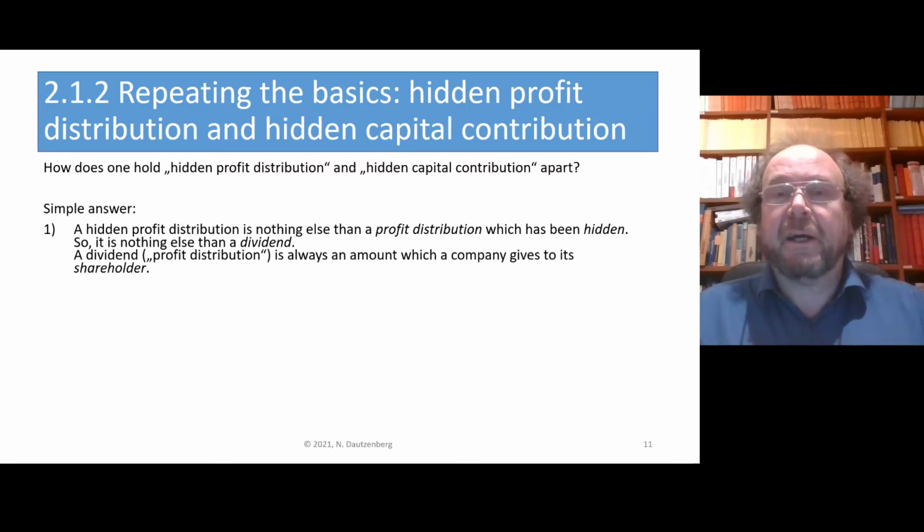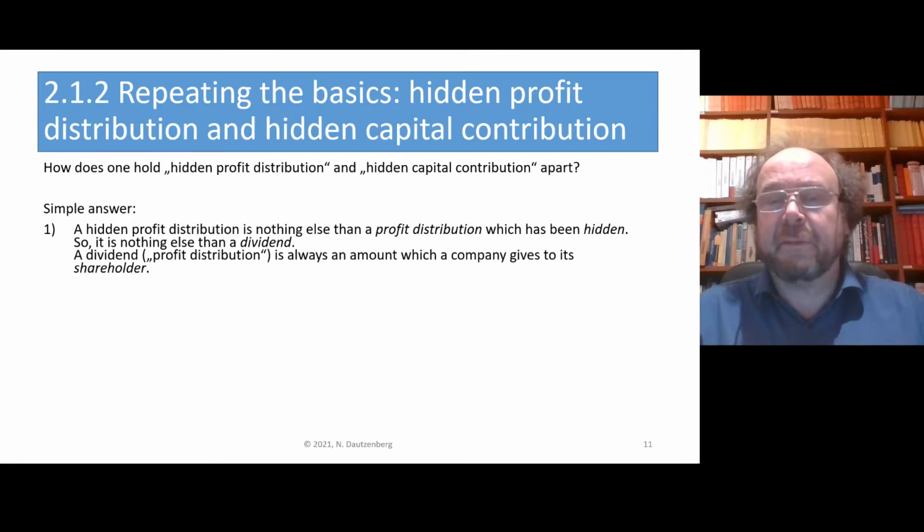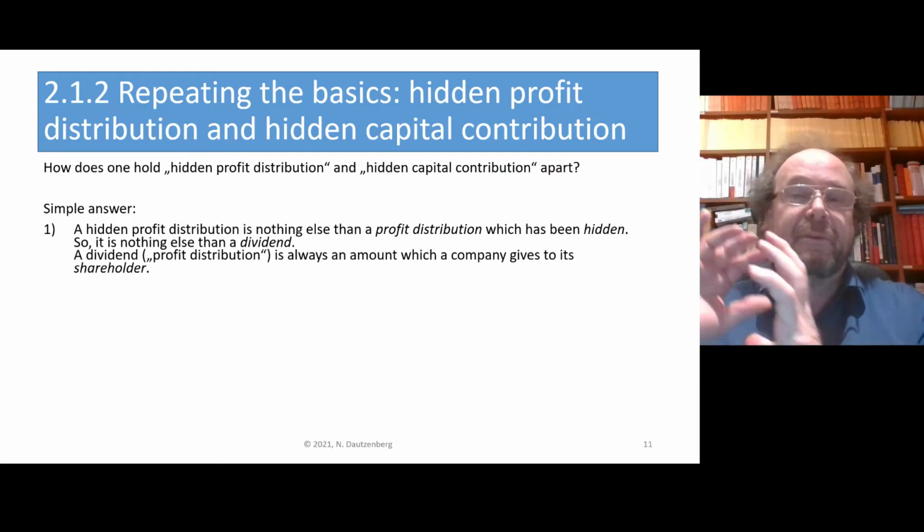So a profit distribution, if you openly and honestly do it, is called a dividend. So a dividend is always paid from the company to the shareholder. So a hidden profit distribution also requires that the company gives something to the shareholder.